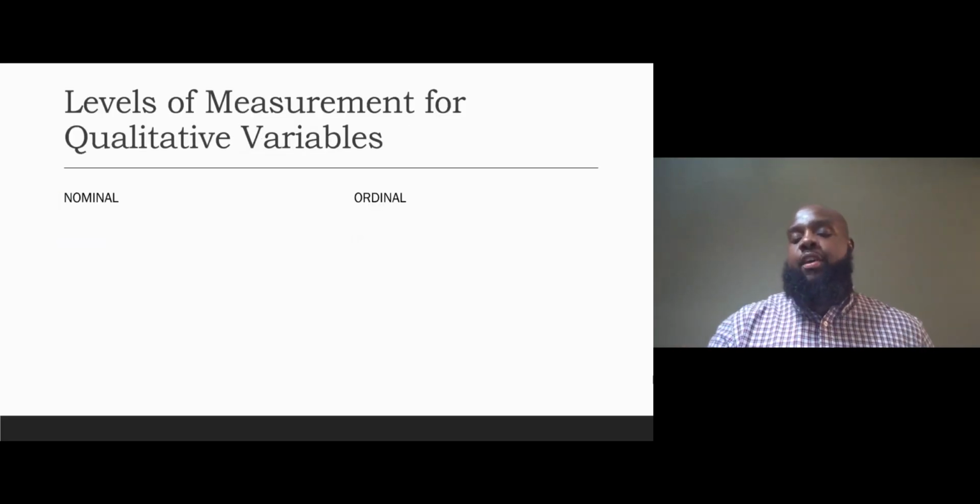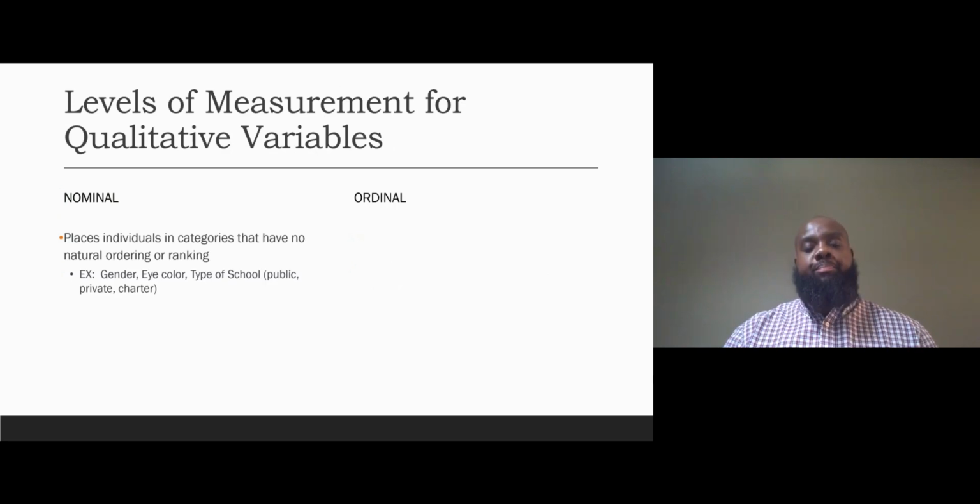So let's talk about the nominal level of measurement. If a variable places individuals into categories that have no natural ordering or ranking, then I'm going to call that level of measurement nominal, right? So nominal is equivalent to saying in name only. We're just naming or putting individuals into categories.